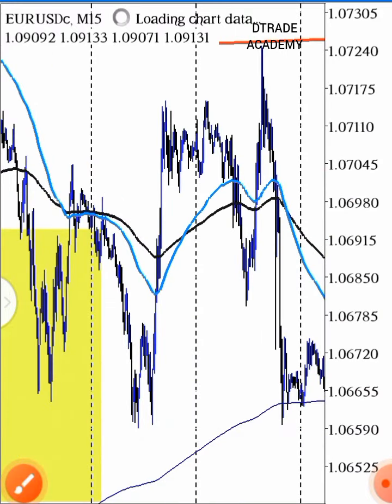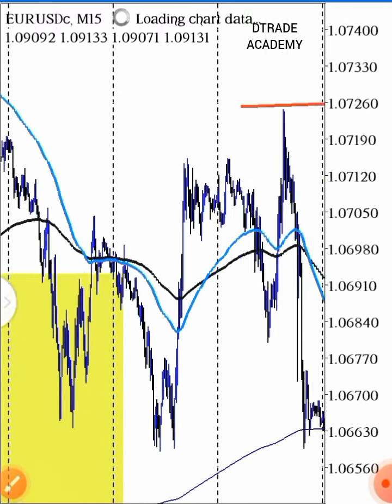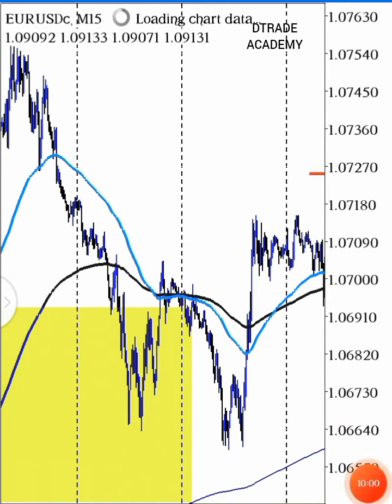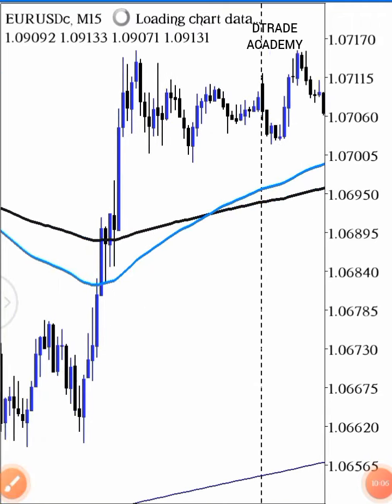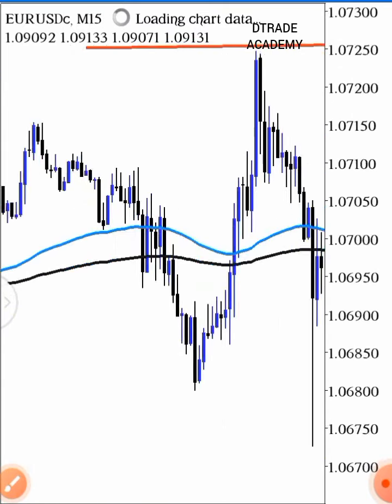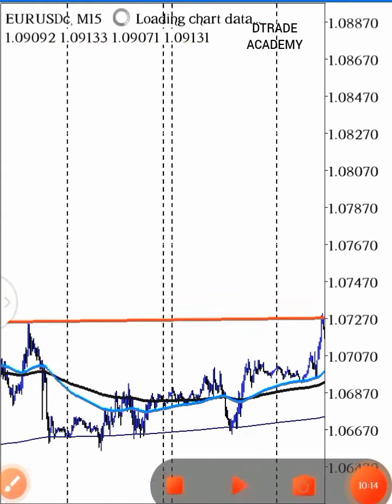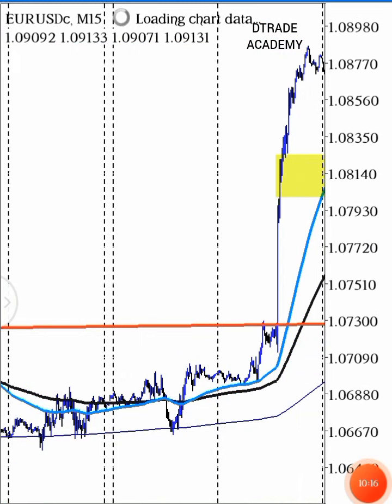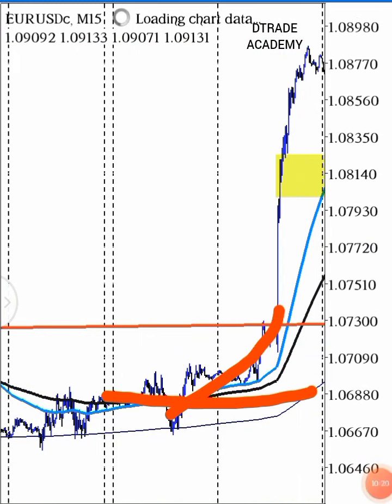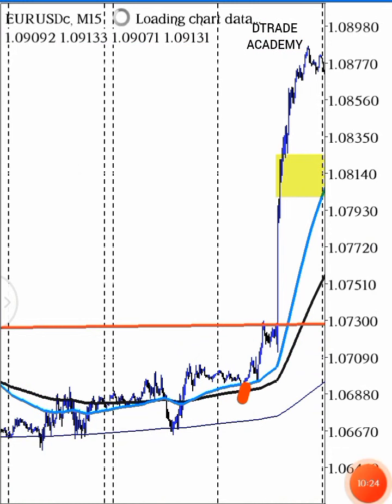Or you can wait for price to break above your blue and black EMAs and you buy. Or preferably, for those who use moving averages, wait for the blue and black EMAs to cross up and price should break above it, then you can buy.